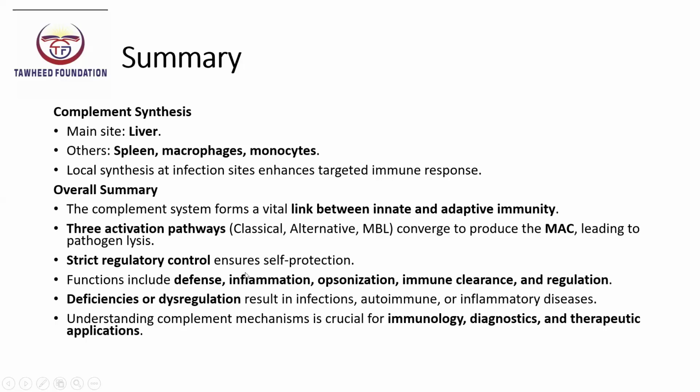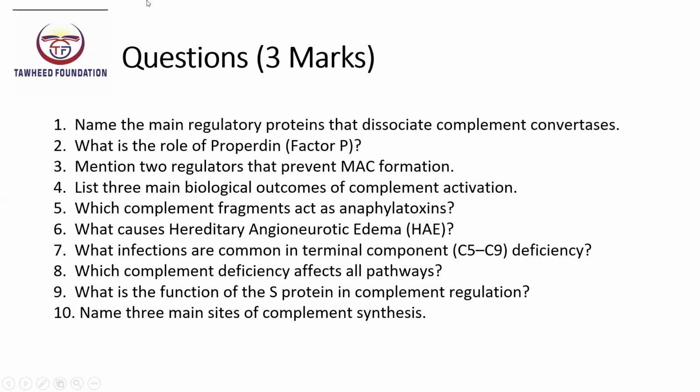Strict regulatory control ensures self-protection. Functions include defense, inflammation, opsonization, immune clearance, and regulation. Deficiency or dysregulation results in infections, autoimmune disease, or inflammatory diseases. Understanding complement mechanism is crucial for immunology, diagnostics, and therapeutic applications.